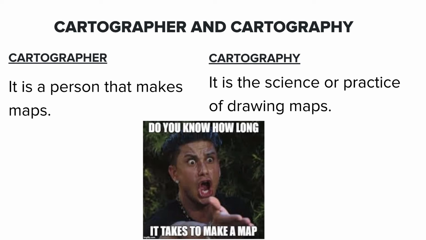So that's how cartographer and cartography fit into geography as a whole. And yes, it takes a very, very long time to make a map. It is not an easy task, but you'll actually be able to make a map yourself very soon. So you will know how long it takes to make a map, okay?